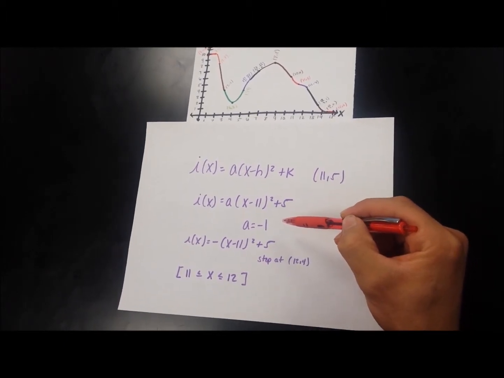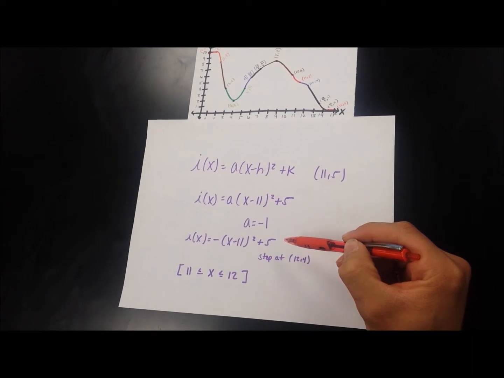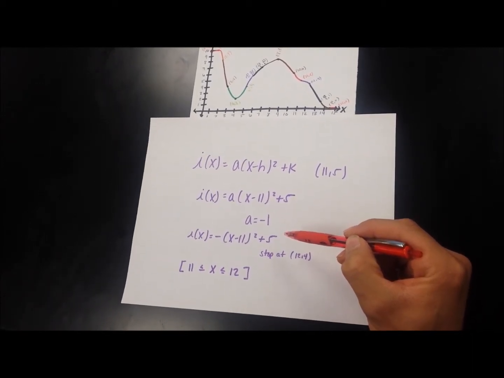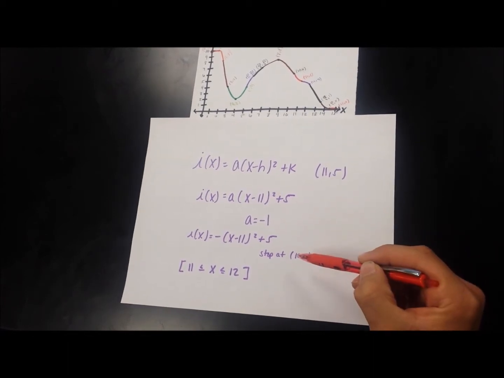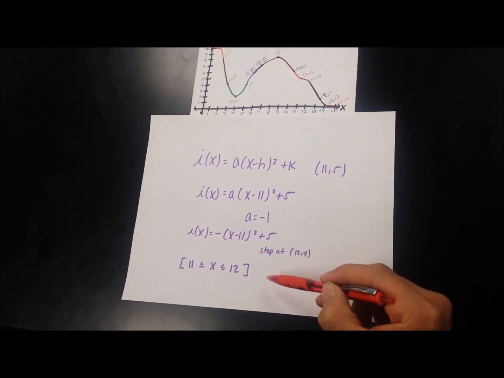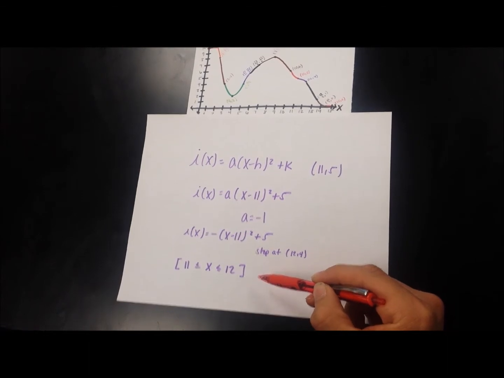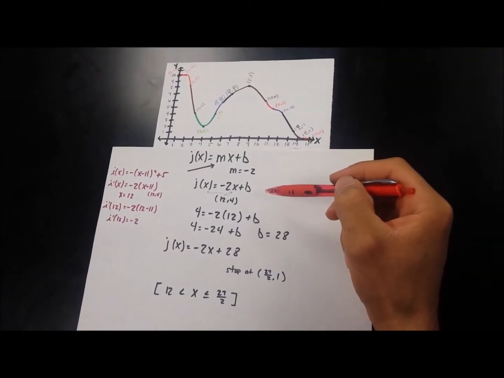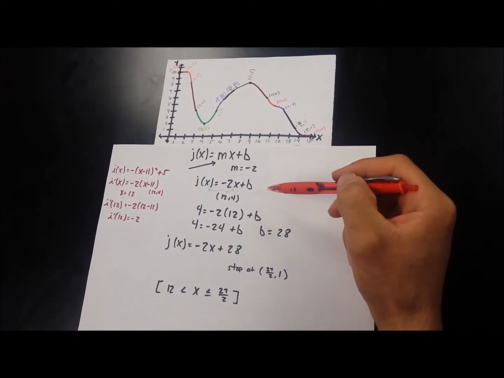Therefore, we have the equation i of x equals negative (x minus 11) squared plus 5. We stopped this equation at the point (12, 4), so our interval is 11 less than x less than or equal to 12.